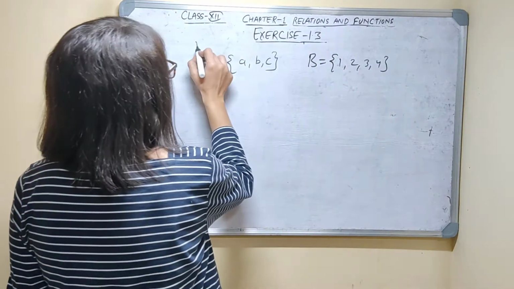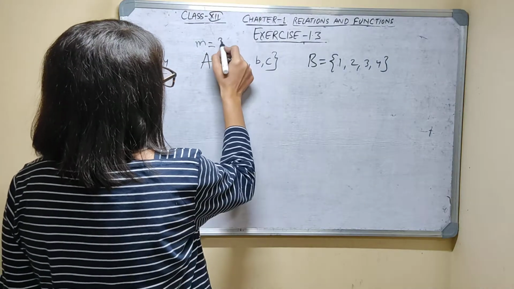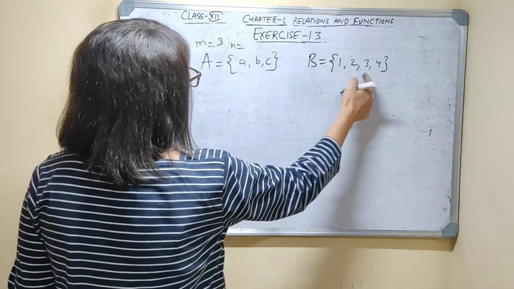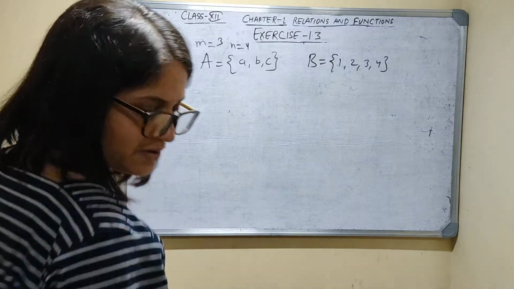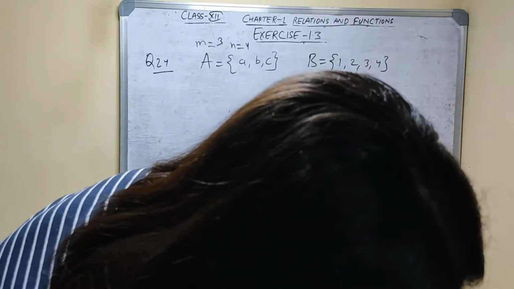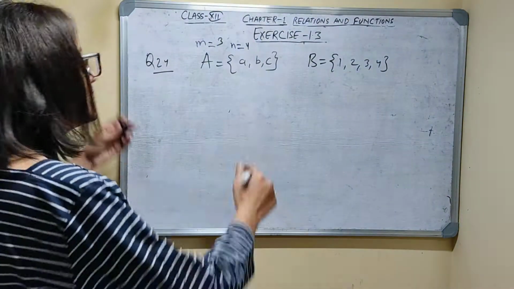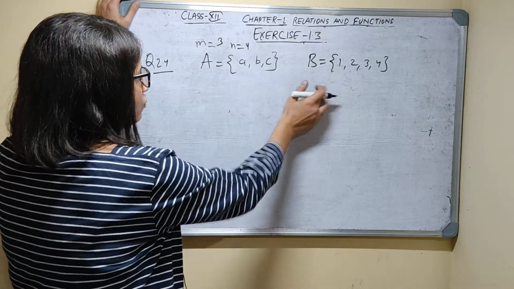So m is equal to 3, n is equal to 4. Then find the number of functions from A to B.